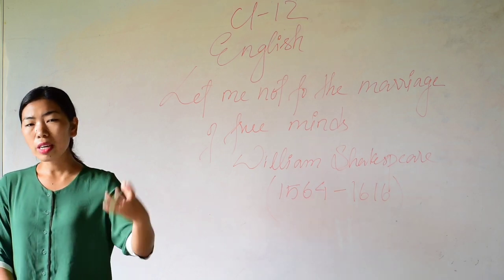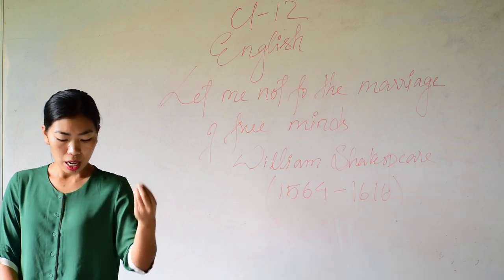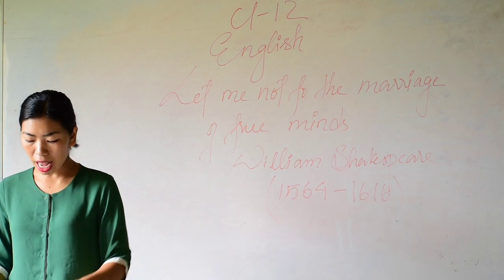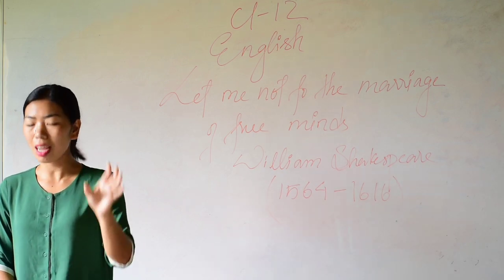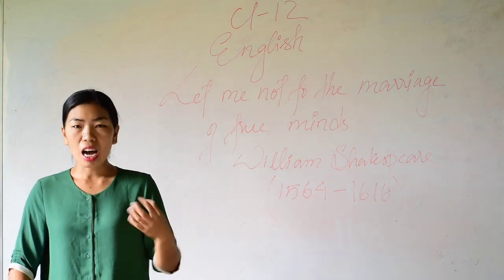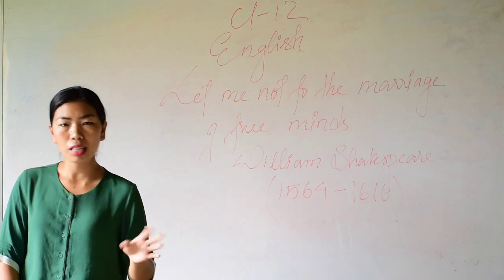So a star is also an ever-fixed mark, because it's fixed up in the sky. So love is like that star. He says that love is like that very star, whose worth is unknown.